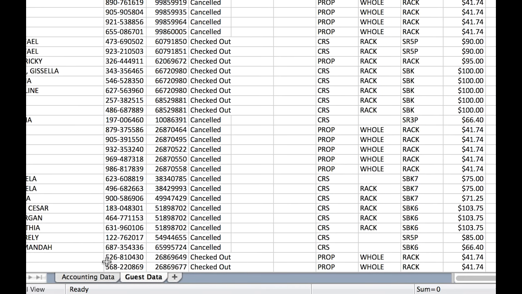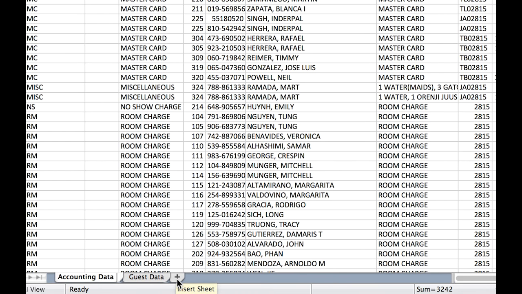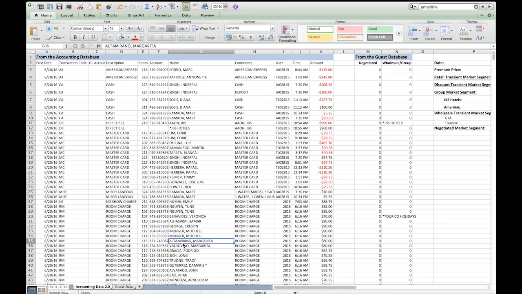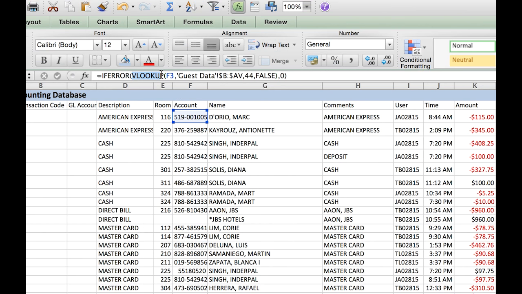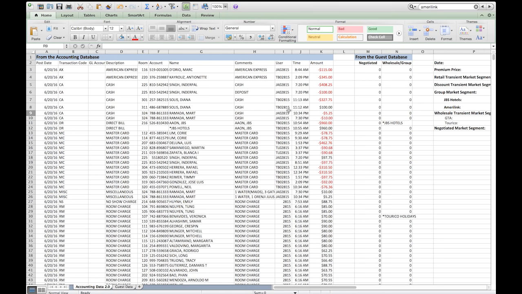So it's kind of like accounting data 2.0, a more enhanced data set that now gives us enough information for us to distinguish our market segments. Now, for those of you that don't know much about this formula, don't worry about it now. We're just going to use the data, and I'll go over the formula in more detail in a different lesson.